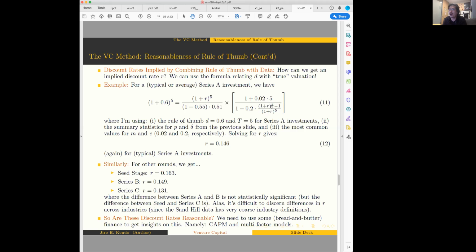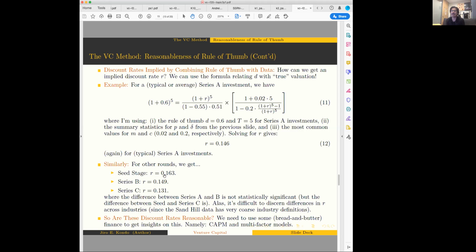Again, one equation, one unknown. You solve it, you get 16.3%. Make sense? What this is saying is the average discount rate to use from time 0 until expected exit for a seed stage investment should be 16.3% if the VC method with the value of D equal to 0.8 is a legit thing to do.